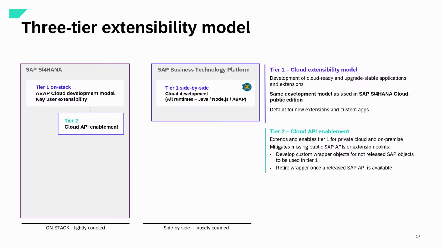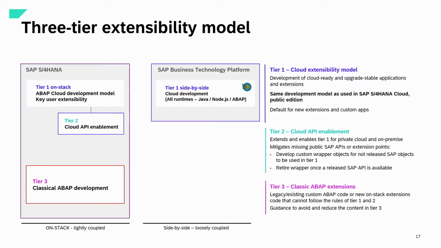And tier 2 is a good possibility for customers to also use other legacy APIs which are maybe not as modern as RAP BO, for example, but some old BAPI which has been nominated, recommended by SAP, which customers can then wrap and still consume that API from tier 1. So this is an enabler. Tier 2 is an enabler for cloud-like development in tier 1 in areas where not sufficient APIs are available yet.